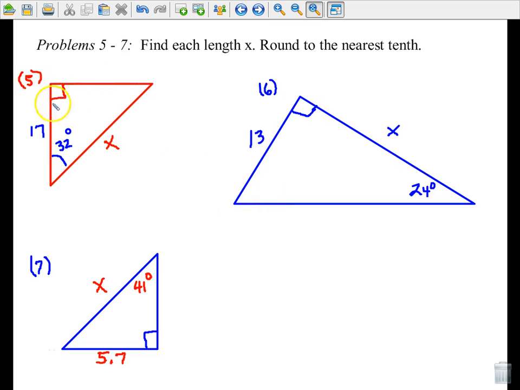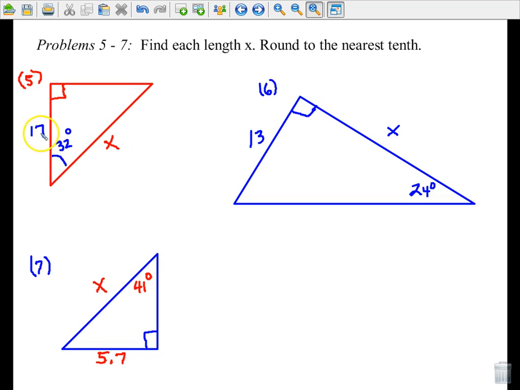Your number 5 looks a lot like this one. We're supposed to find the indicated length. So in this case, we're trying to find the hypotenuse. Well, let's see what we're given. Relative to this angle measured 32 degrees, I'm given the adjacent side, and I'm looking for the hypotenuse.